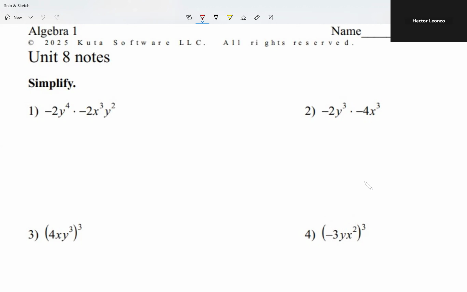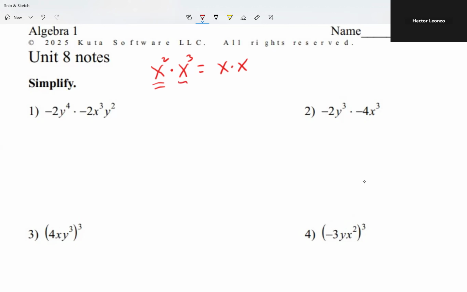Well, one rule I know is that exponent means repeated multiplication. So let's say I had something like x squared times x to the third. I know the x squared basically means I'm multiplying x twice, so that will give me x times x.